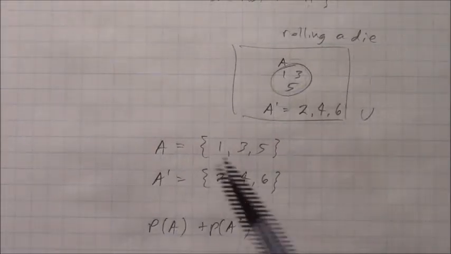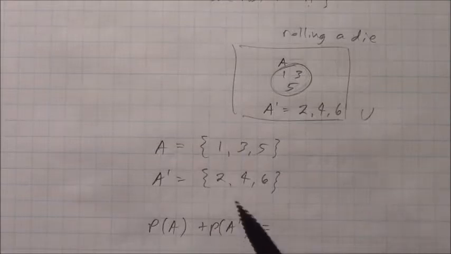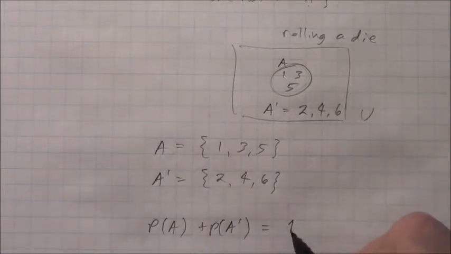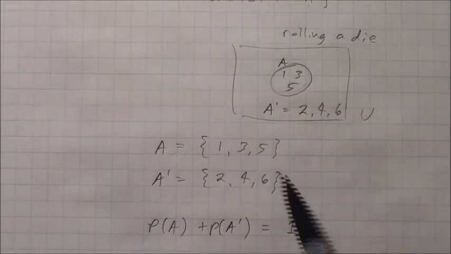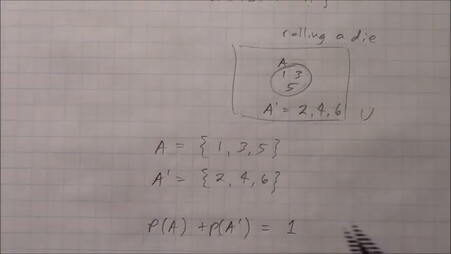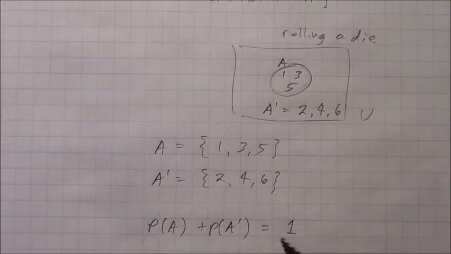So the probability of A plus the probability of A complement is going to equal 1, because one of these things has to happen. Whether it's part of event A or part of the complement of A, when you add the two together, it does equal 1.